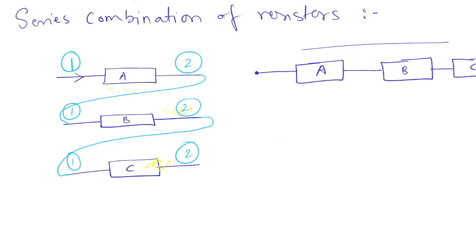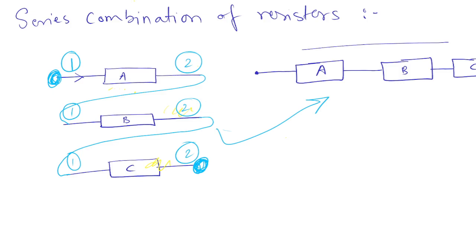So only one end of resistor A is connected with one end of resistor B, and the other end of resistor B is connected with the next end of resistor C. This is a series combination. Now if you imagine holding end 2 of resistor C and end 1 of resistor A, and you try to stretch it, then this combination would look something like this, right? So this is called a series combination.